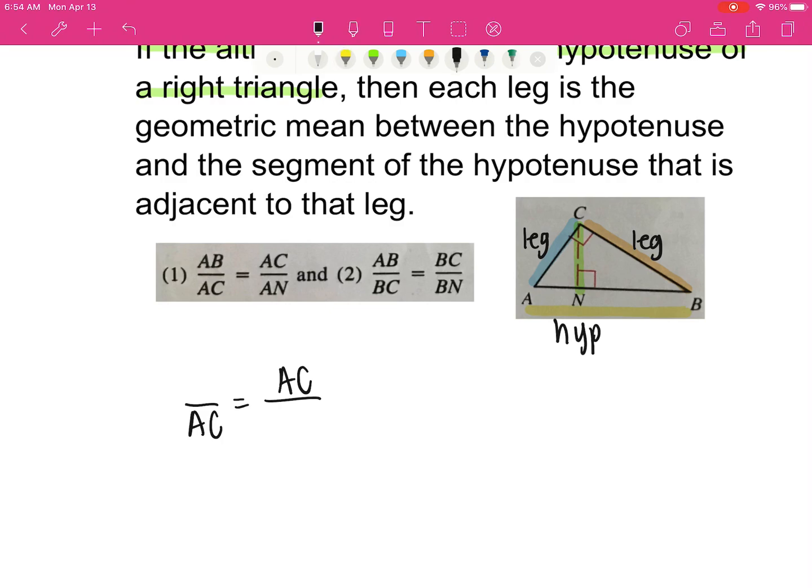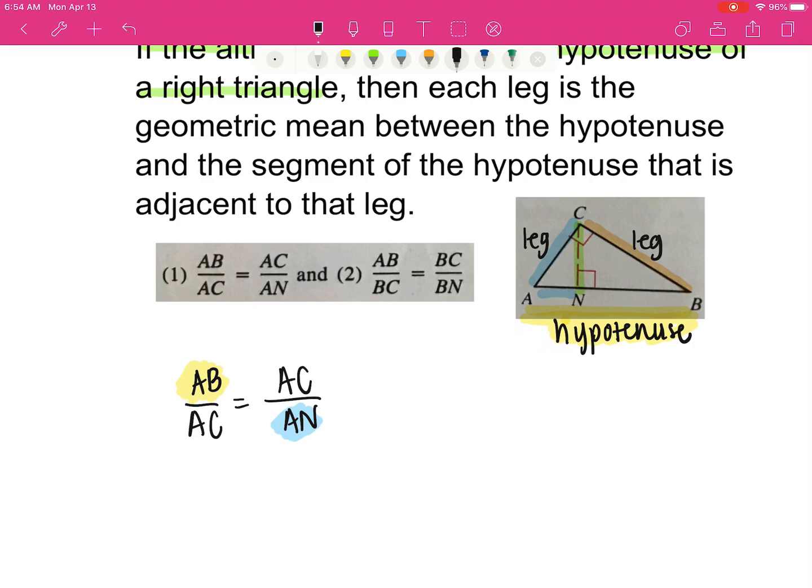Write that, hypotenuse. Between the hypotenuse and the segment of the hypotenuse that's adjacent to the leg. So that's AN. So we're going to have AB, AN.